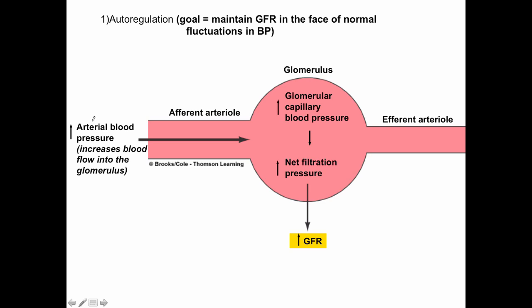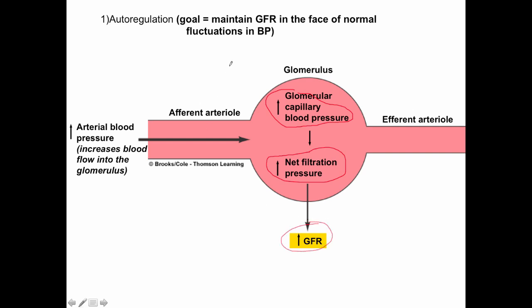So, let's say our blood pressure increased for some reason. When our blood pressure increases, that means that glomerular capillary blood pressure increases. Now, when our glomerular capillary blood pressure increases, the net filtration pressure increases, which causes an increase in GFR.